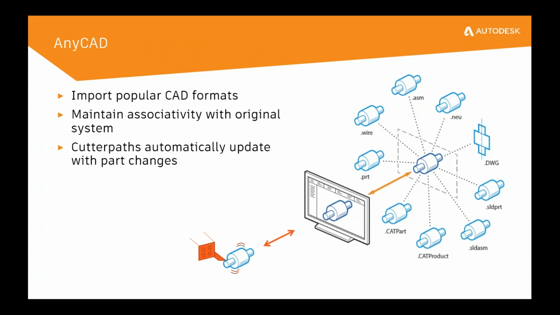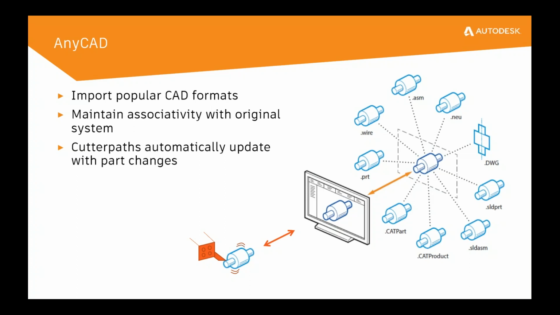Now, talking about AnyCAD. Most CAD softwares, I've worked with several of those as well, most CAD softwares can import other models. Like we can import a SolidWorks file. We can import a CATIA file. We can import a Pro Engineer file. We can import from just about anywhere. The difference with AnyCAD is you don't have to import the file.